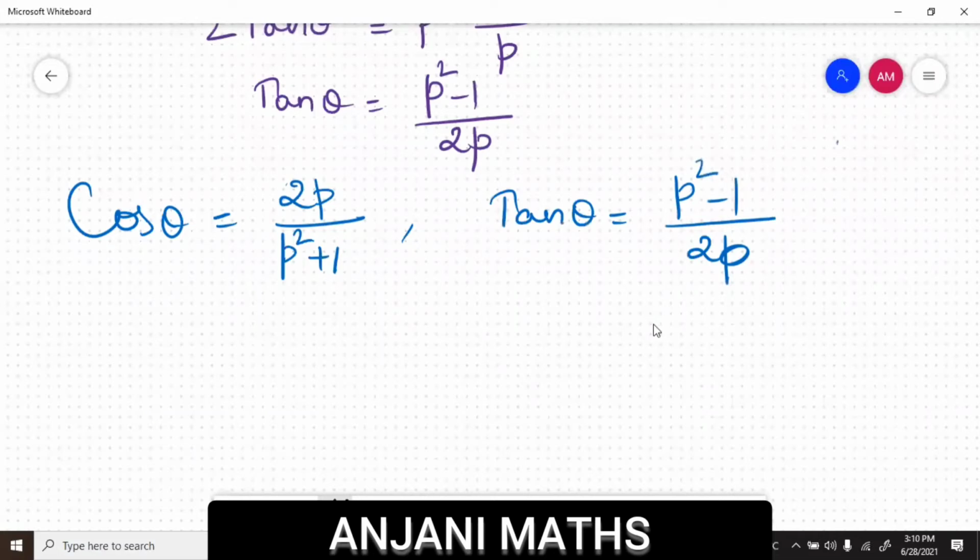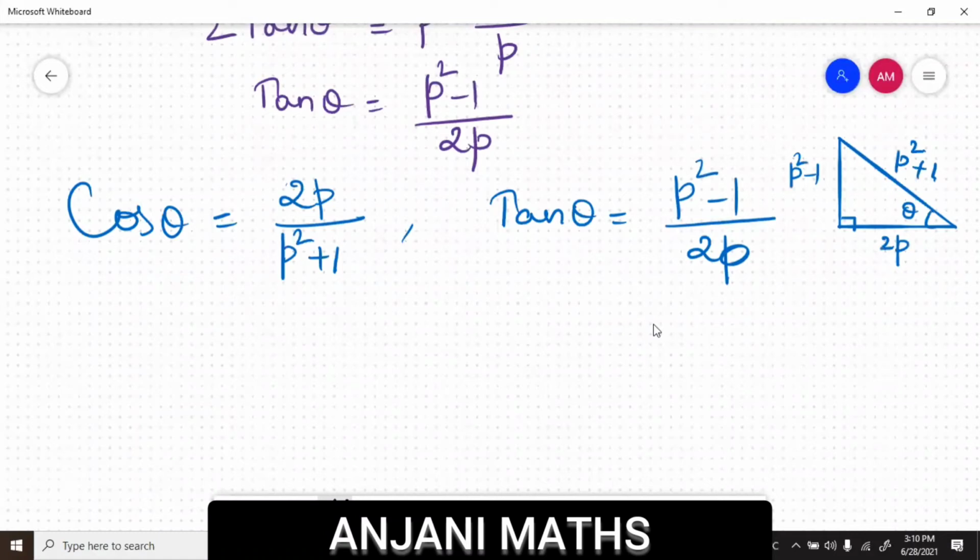So if we take a right angle triangle, if it is theta, opposite side is P square minus 1. What is the adjacent side? 2P. What is the hypotenuse? P square plus 1. So we got all the sides of a right angle triangle.